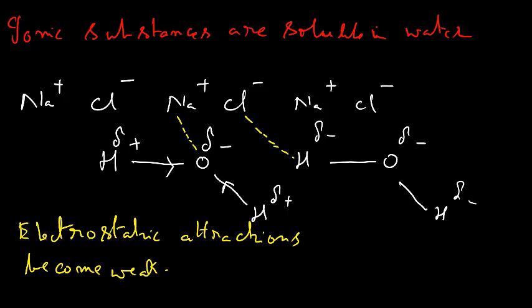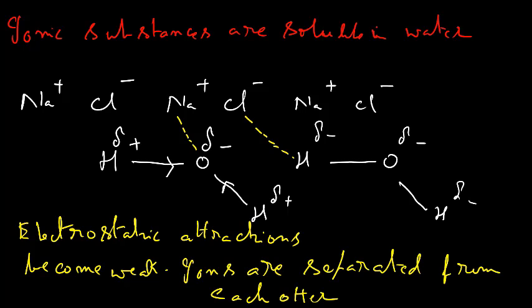Since electrostatic attractions become weak, ions are separated from each other. Therefore, it is nothing but solubility. So, why are ionic substances soluble in water? When ionic substances are dissolved in water, the strong electrostatic attractions become weaker or are broken completely. Therefore, ions are free to move. This is nothing but solubility.